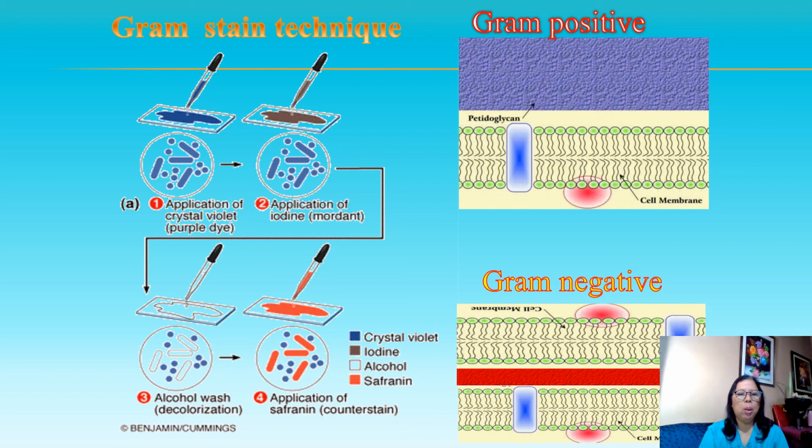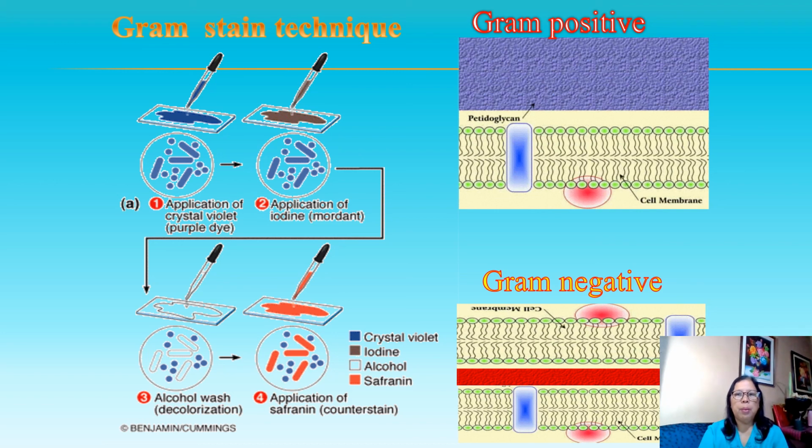For the gram-negative, you have here the crystal violet, and then you have the iodine. Once the alcohol is applied, that will determine whether the crystal violet will remain or not. For gram-positive, I have shown you this illustration.